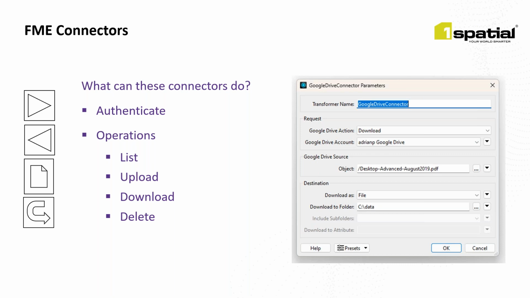These include listing, so doing a search to list out files available, uploading files to the CDE from FME, download, getting data down from the CDE to read or to do another operation with, or delete. Now, these are very broad terms, and each connector can be extended and has its own set of unique functionality.